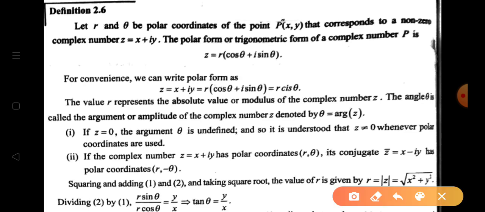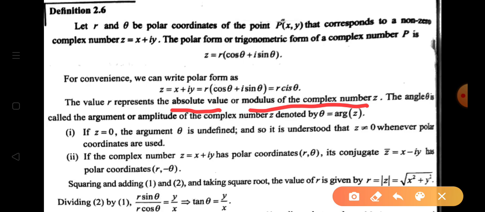The value r represents the absolute value or modulus of the complex number z. Do you understand? r means absolute value or modulus of z.